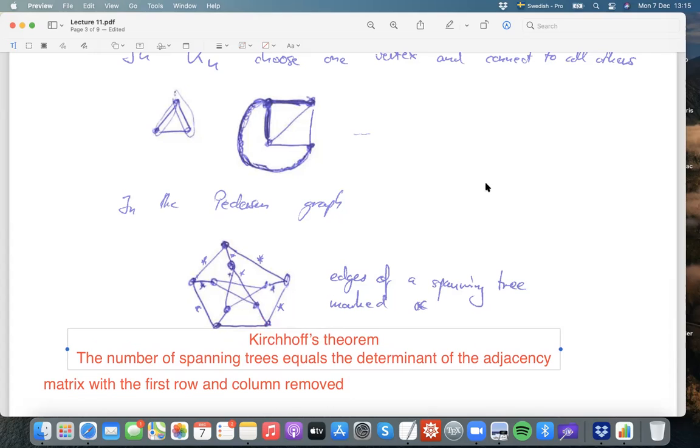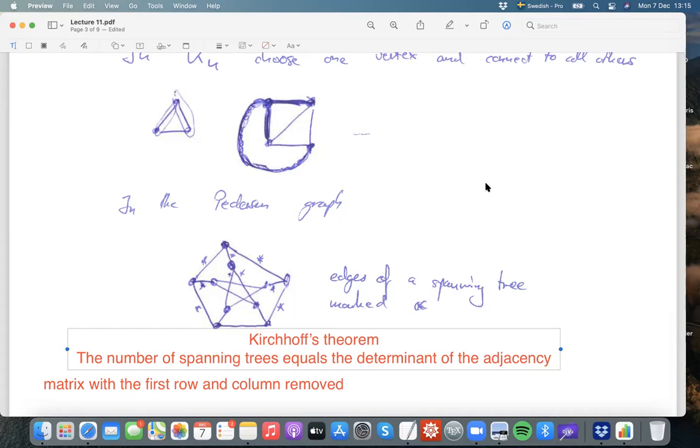And it's very interesting that this determinant does not depend on the first row and the first column. You can remove any column i and the corresponding row i. You keep the matrix symmetric. You remember that the adjacency matrix is a symmetric matrix where the rows and columns are labeled by vertices, and there is a 1 in the position ij if the ith vertex is connected to the jth vertex.